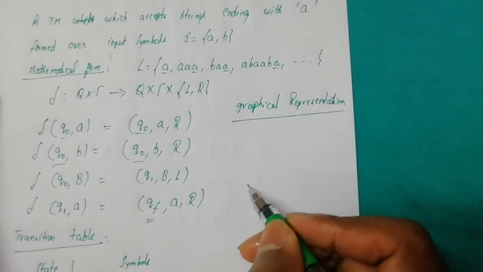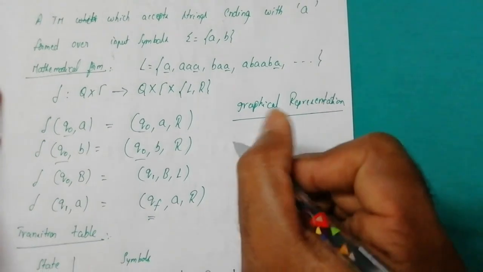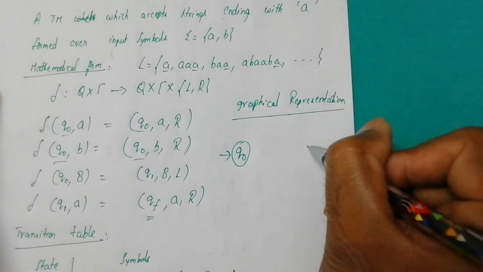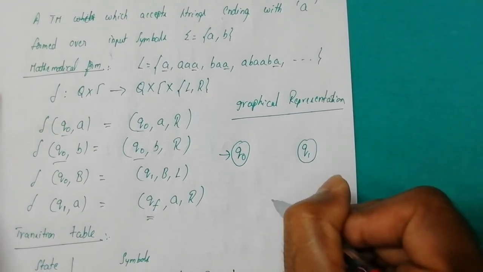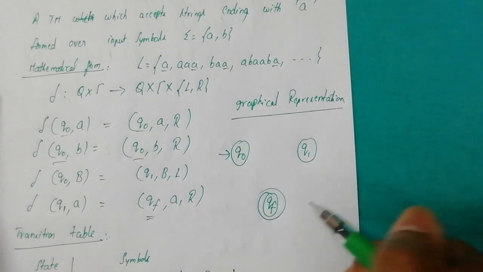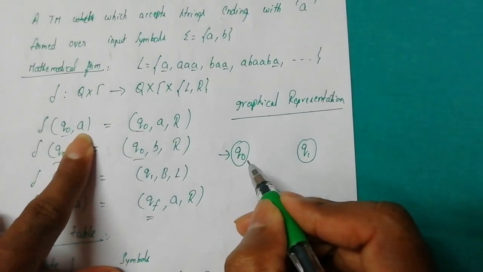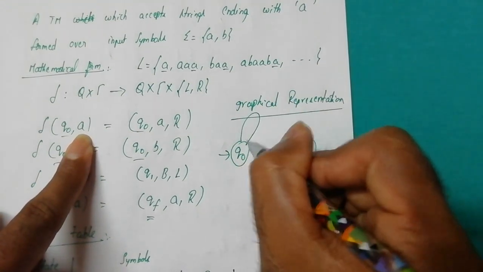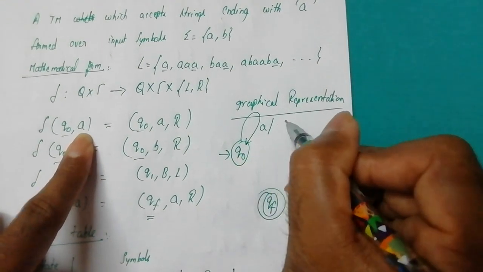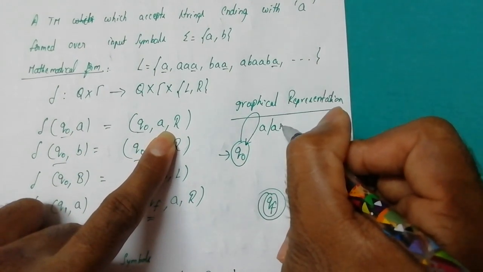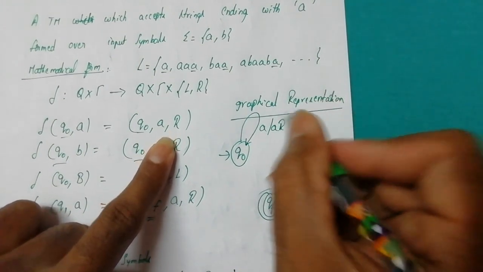In this, we represent states inside circles. We are having the states Q0, starting state, Q1, and finally QF, final state, accepting state. Q0 when comes across with the input symbol A, it is staying in the same state Q0, and we are not modifying the content of the tape, and we move one cell to the right direction.